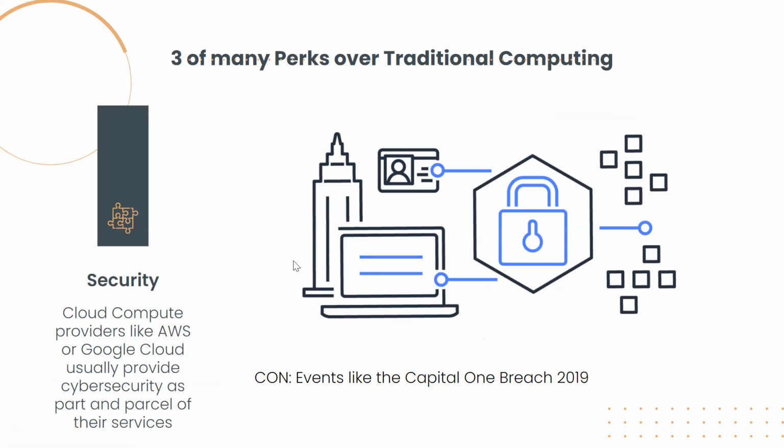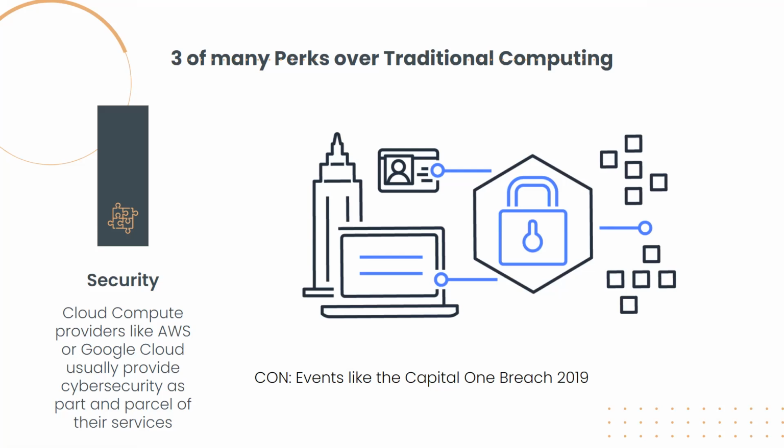And then our next perk is security. Now, when you have your own on-premise server, there's also a lot of costs that you have to deal with in terms of securing your servers. And you would usually have to make your own in-house solution for security, but if you use cloud providers like AWS Cloud, they normally provide you with cybersecurity services that are part and parcel of their service as a whole.